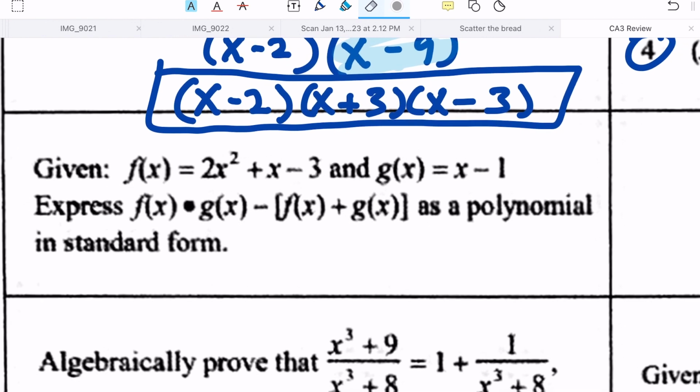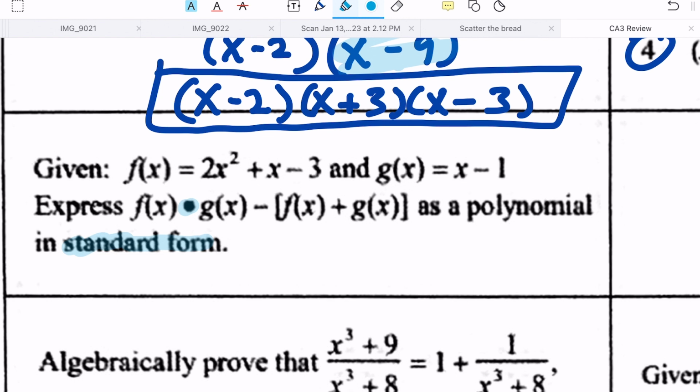So it says, given f of x equals 2x squared plus x minus 3 and g of x equals x minus 1, express f of x times g of x minus f of x plus g of x as a polynomial in standard form. In other words, we're going to write it down with the exponents from highest to lowest.